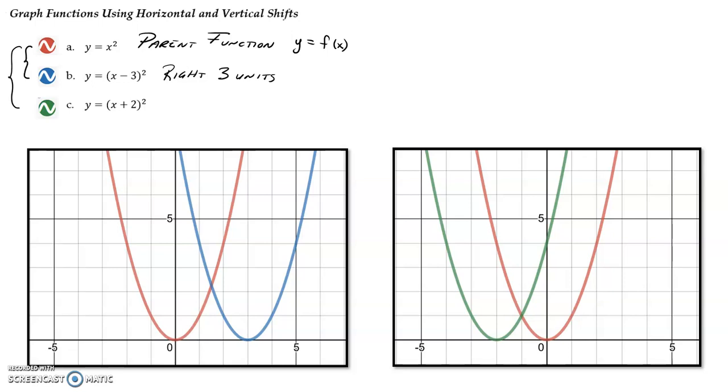Right, we have these graphs over here on our right-hand side, and you'll notice that this time our original graph, our parent function, was moved to the left a total of 2 units. Right, so these are known as our horizontal shifts. We're going to be moving the graph left and right.